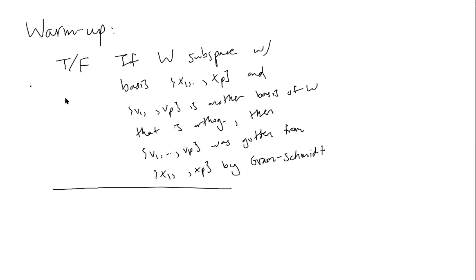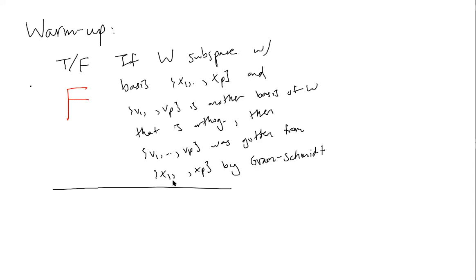That is false. Just because v1 through vp is orthogonal doesn't mean it was gotten from x1 through xp. There are many orthogonal bases of a space, and so if you do Gram-Schmidt on x1 through xp, you don't necessarily get v1 through vp.